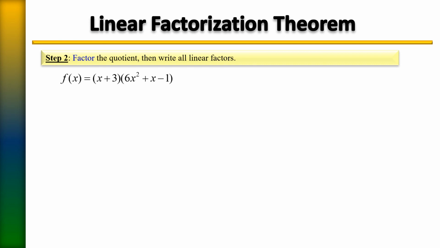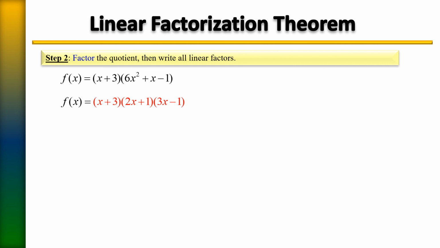Then writing everything as linear factors, we have one more step. Here we have the divisor times the quotient, which equals the polynomial. But we need to factor this trinomial into two binomials. Using factoring trinomials, the knowledge from a previous course, that's going to give us a final answer of x plus 3 times 2x plus 1 times 3x minus 1.